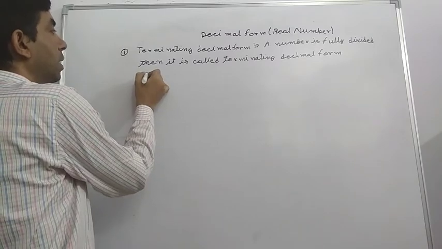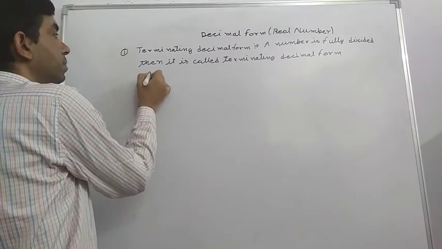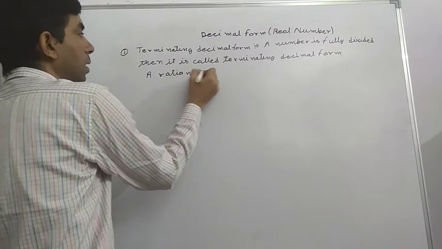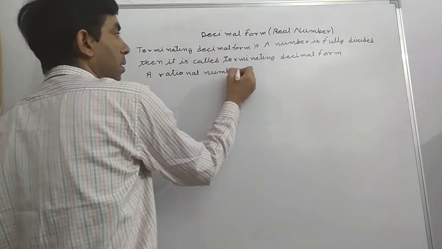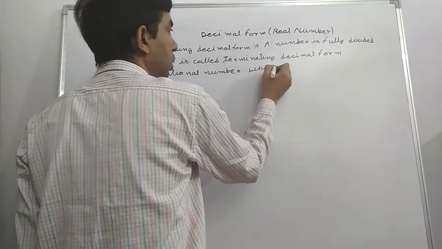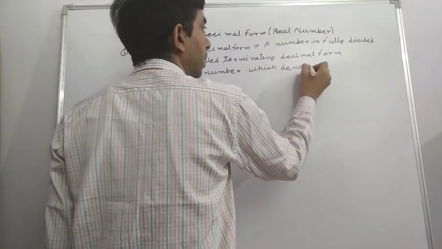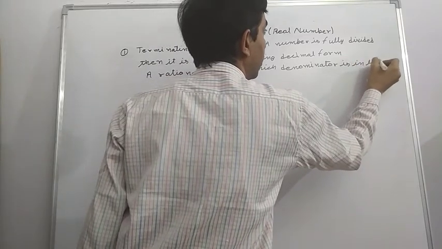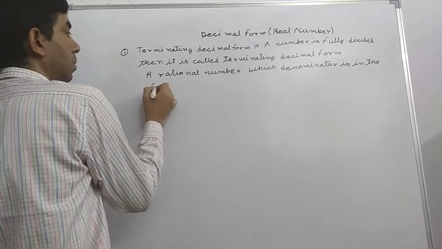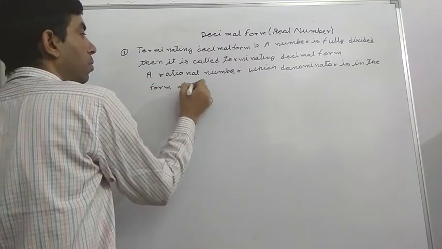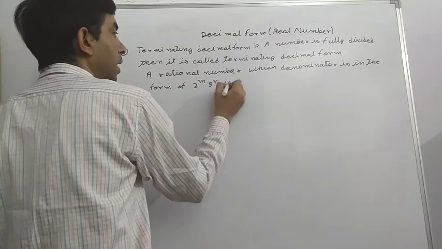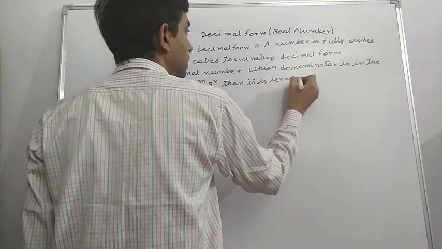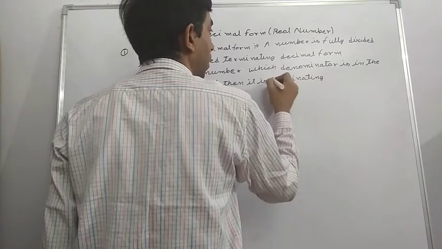So we can write: a rational number whose denominator is in the form of 2 to the power m, 5 to the power n, is a terminating decimal form.